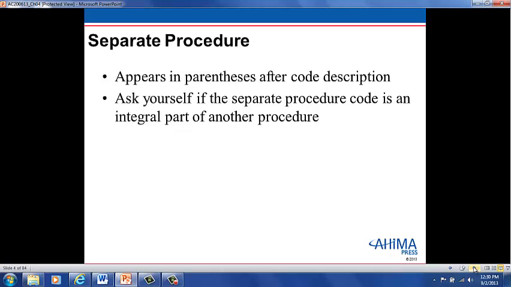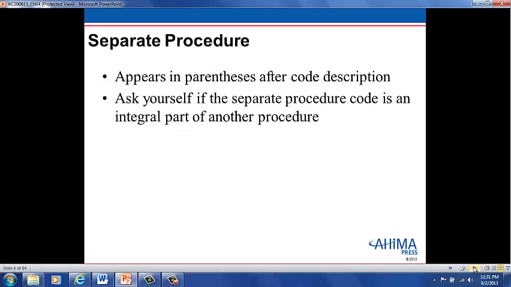However, when a procedure or service that is designated as separate procedure is carried out independently, or considered to be unrelated or distinct from the other procedure or service provided at the time, it may be reported by itself, or in addition to other procedures or services by appending the modifier 59 to the specific separate procedure code to indicate that the procedure is not considered to be a component of another procedure, but is a distinct independent procedure.